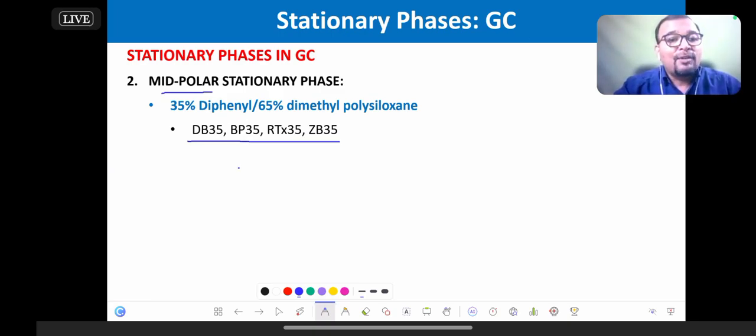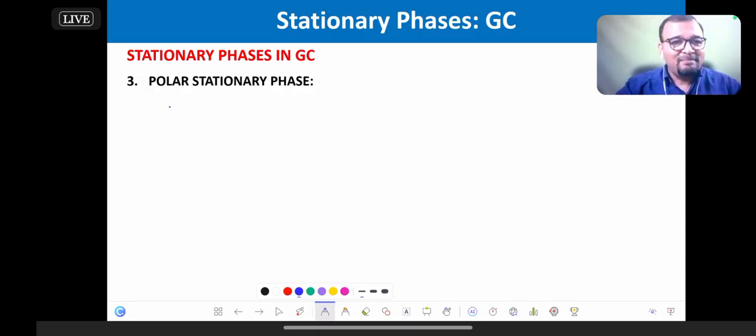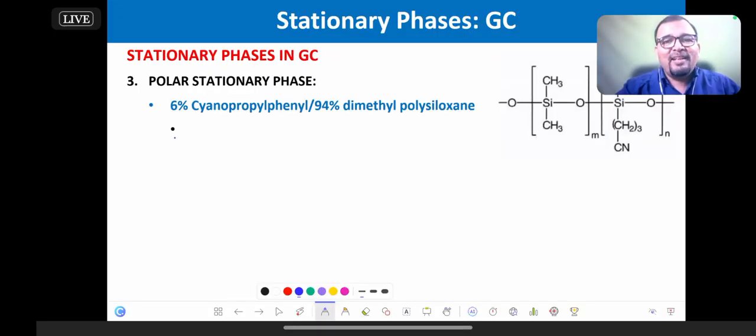And next is one of my favorite, that is a polar stationary phase. What is the example, by the way? 6% cyanopropyl phenyl. How many of you have used this column? Type in me in the comment box if you use this column. Kiran has used, Asim has used. No, no, it's not DBWAX.